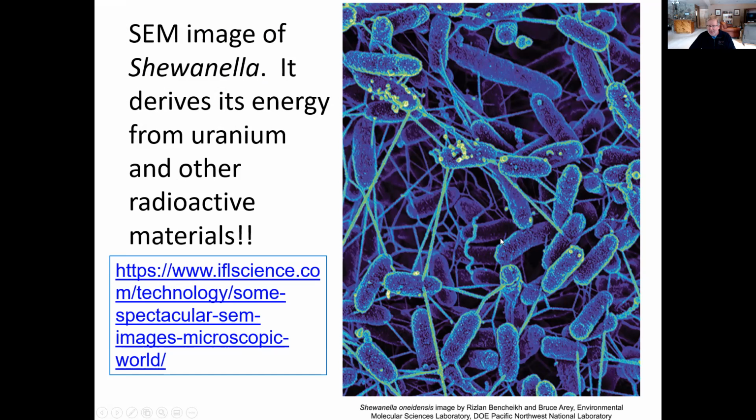You can see that there's depth and length and width to these cells. We use special stains and dyes to color them. Shewanella isn't really purple-blue, but it definitely is a bacillus-shaped bacterium.